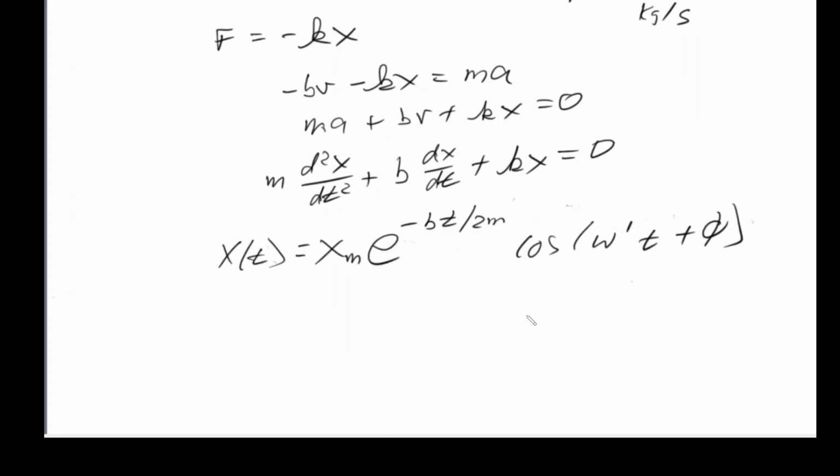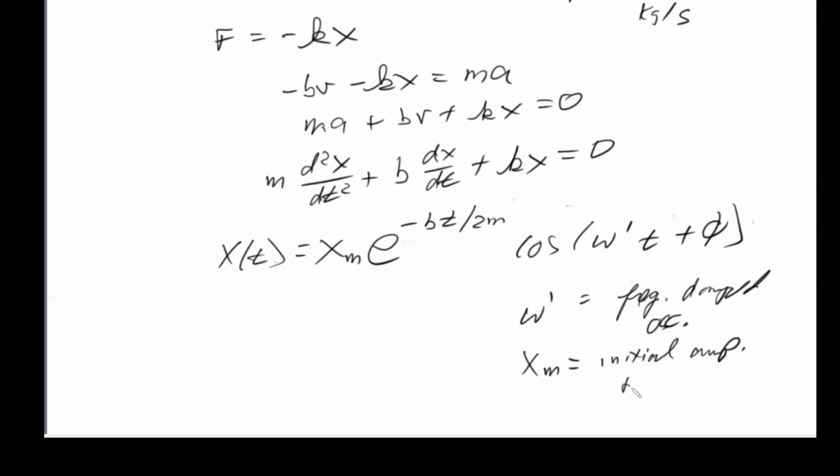And in this case, omega prime is equal to the frequency of the damped oscillator, and xm is the initial maximum amplitude before damping.